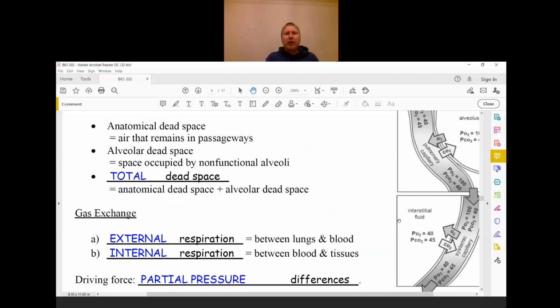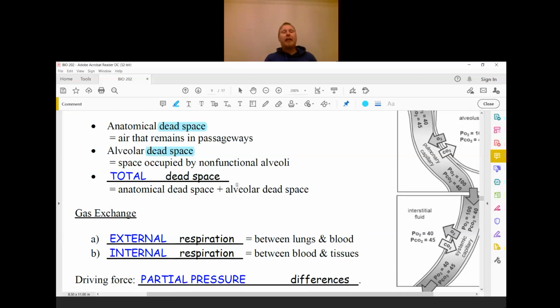Now, I already mentioned the concept of dead space within the respiratory tree, whether it's anatomical or alveolar, or the total, which is the summation of these two.